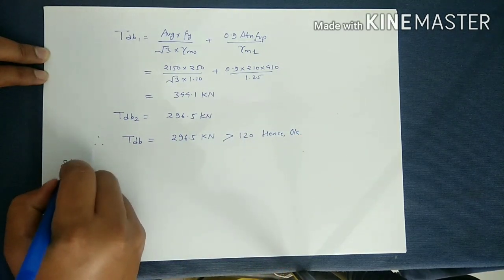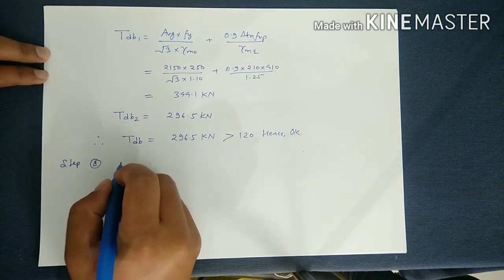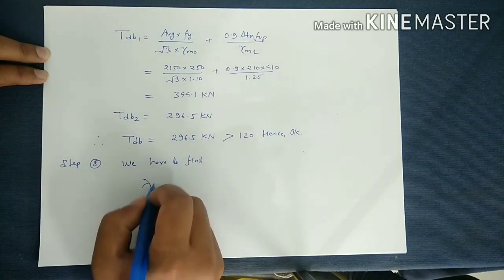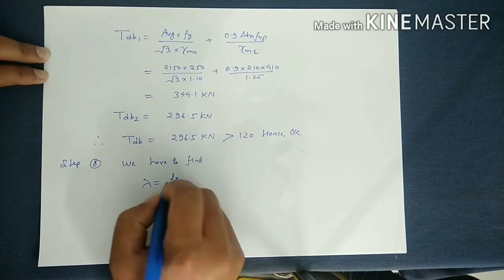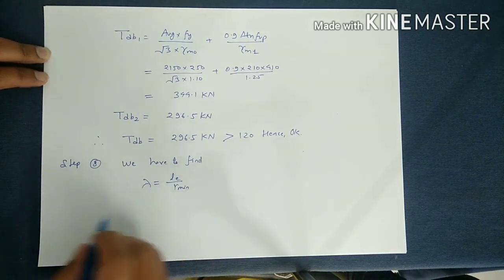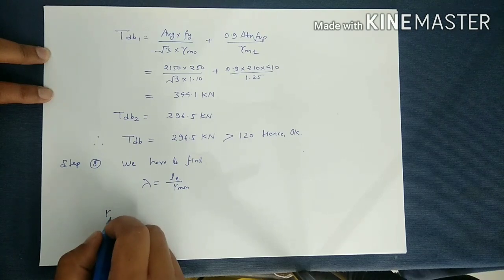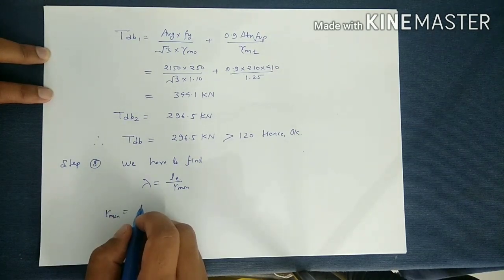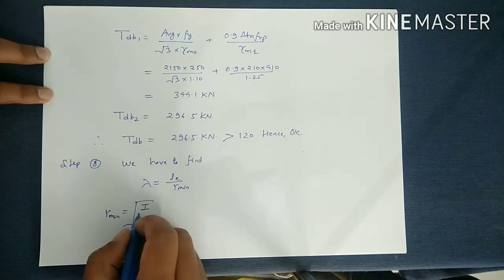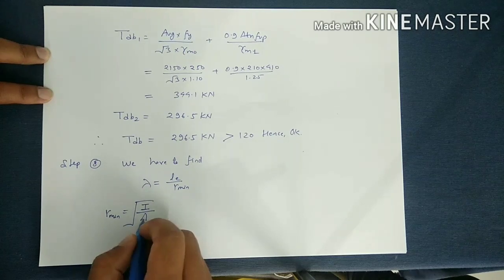Now step number 8, we have to find the slenderness ratio, that is lambda, that will be equal to effective length upon r minimum. Here, r minimum is the minimum radius of gyration, that will be equal to the square root of second moment of area upon gross area.